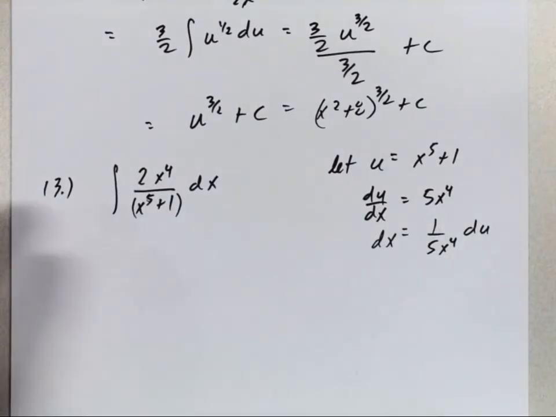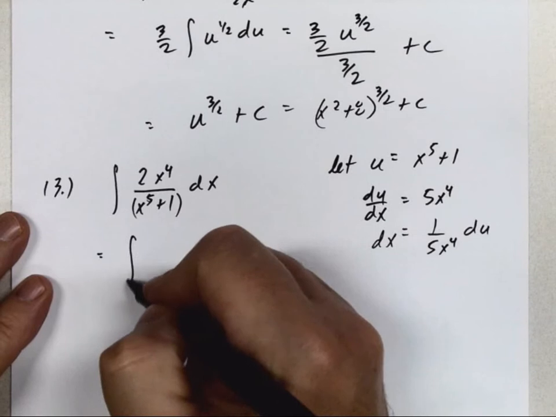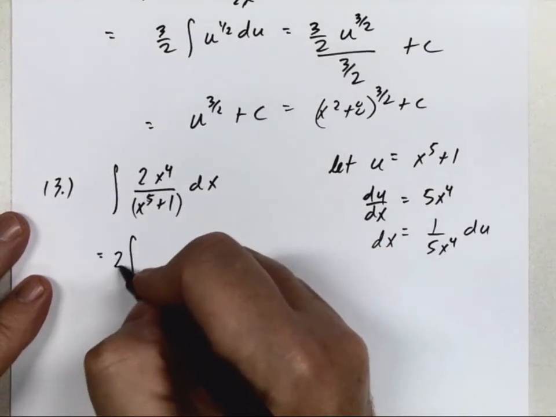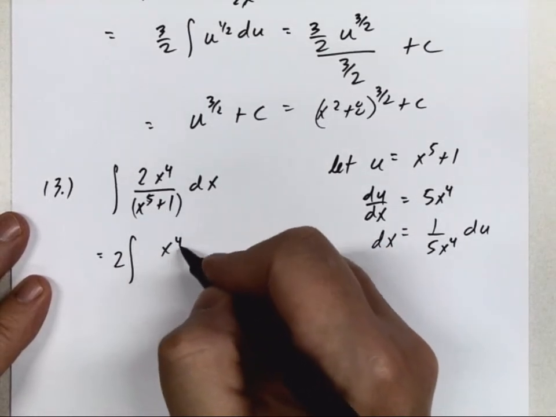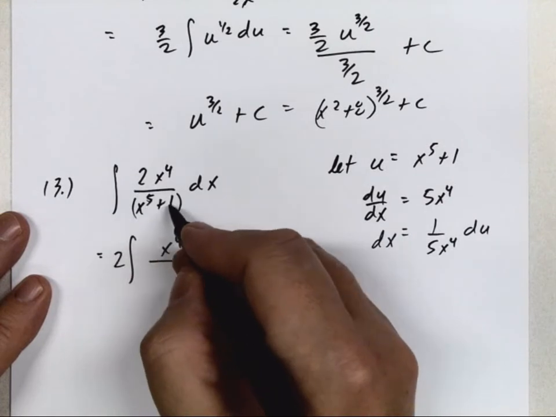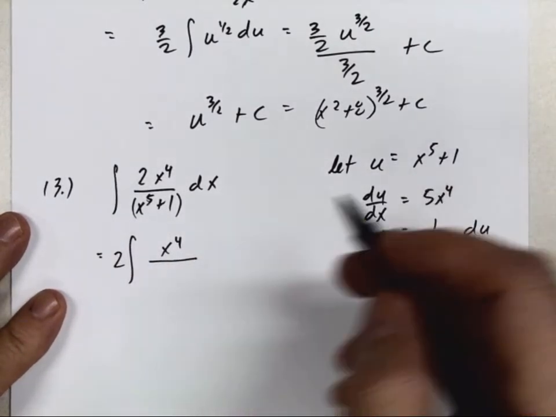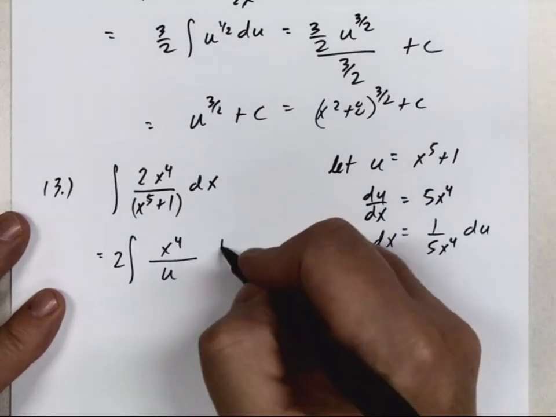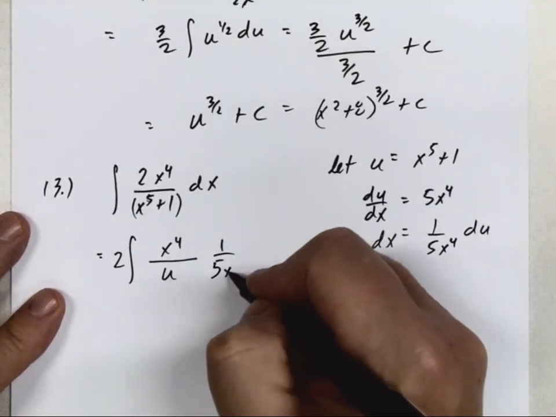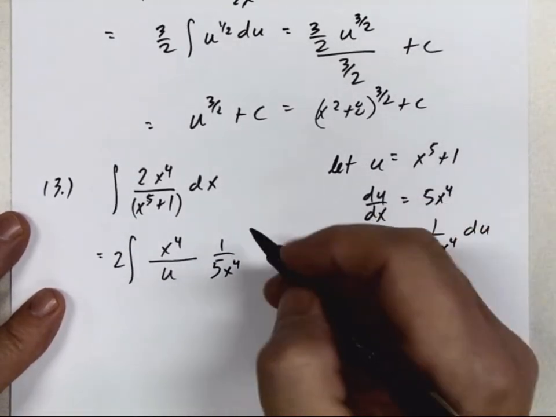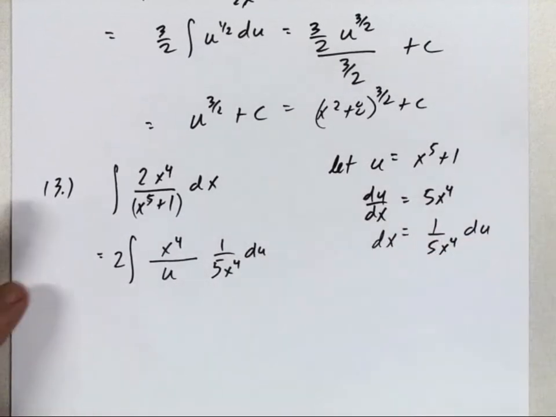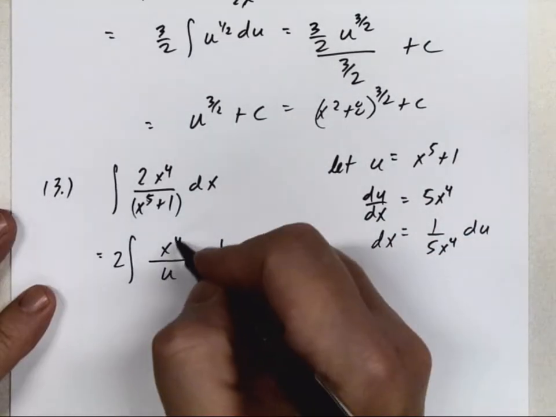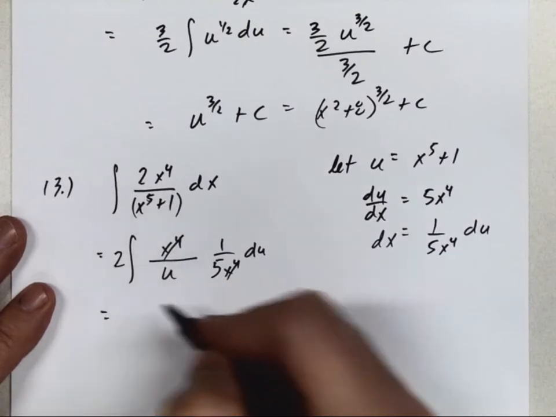Well, let's substitute and see if anything good happens. 2x to the 4th, I'll bring the 2 out here. X to the 4th, I'm sort of stuck with it for now. X to the 5th plus 1 is just u. Dx is 1 over 5x to the 4th du. You notice the x to the 4th's cancel out.